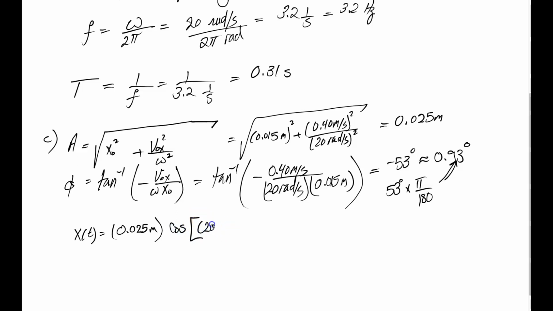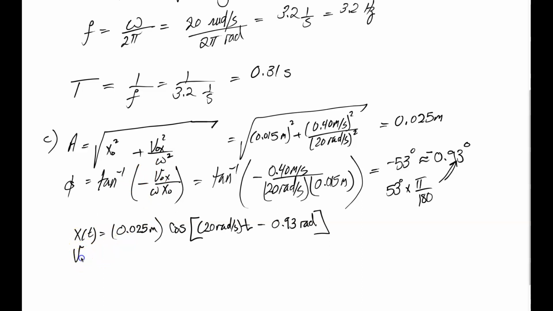So this is 20 radians per second times t plus the phase shift angle, so plus a negative 0.93 radians.